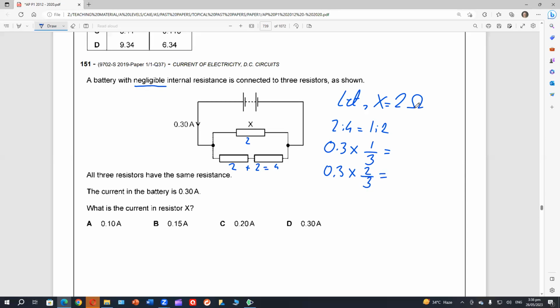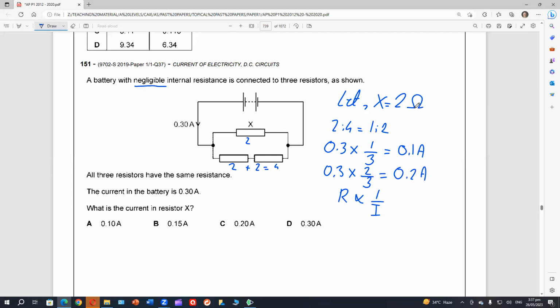Now you can calculate this for me, and the first one will come 0.1 and the second one will come 0.2. Now, can you tell me which one will get 0.2 ampere and which one will get 0.1? In parallel, resistance and current are inversely proportional.